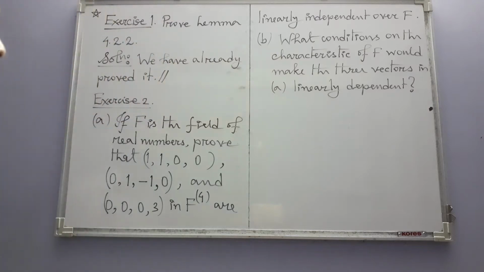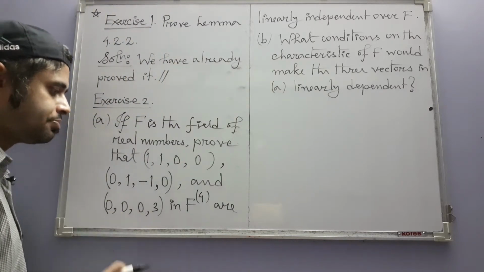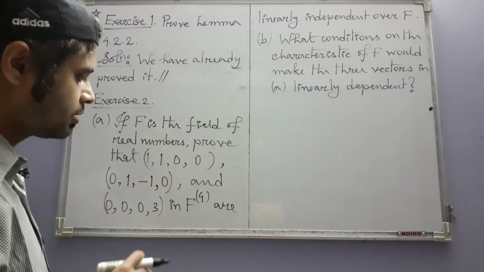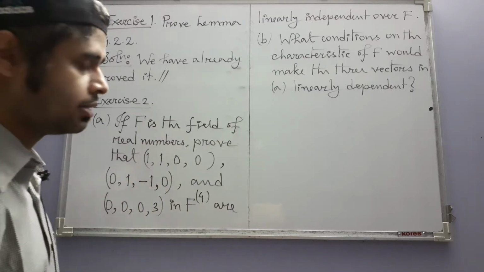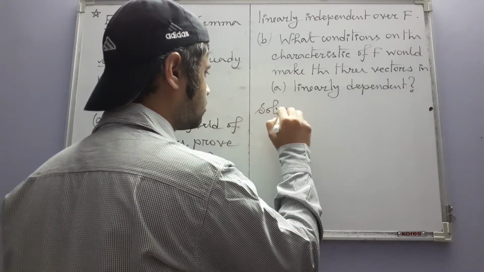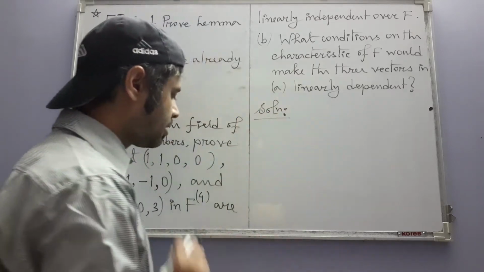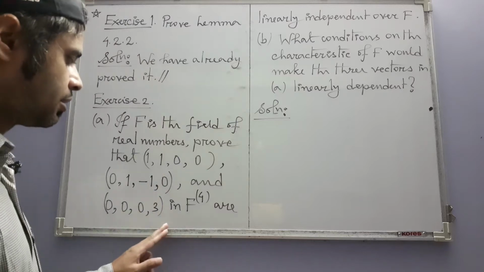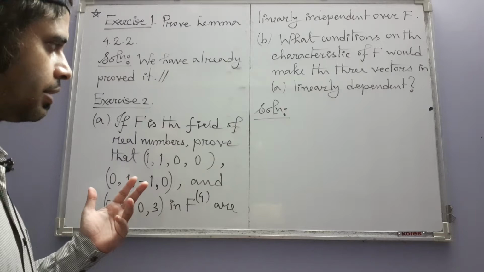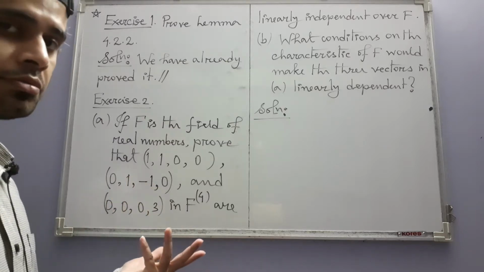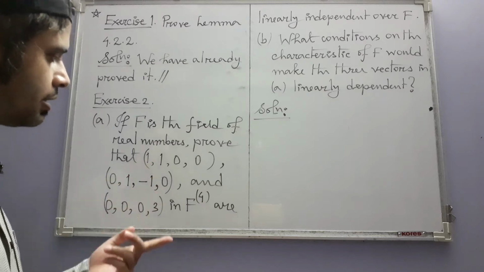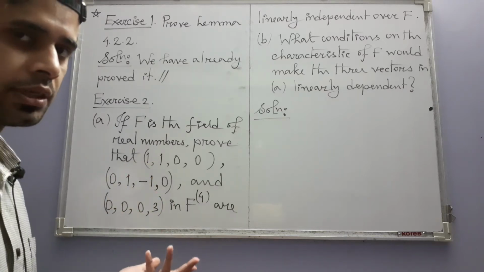So let us first show that over the field of real numbers, these three vectors are linearly independent. So that means the only linear combination of these three vectors with real number coefficients that is going to give us the zero vector is the trivial linear combination, where all the scalars or all the coefficients are zero.